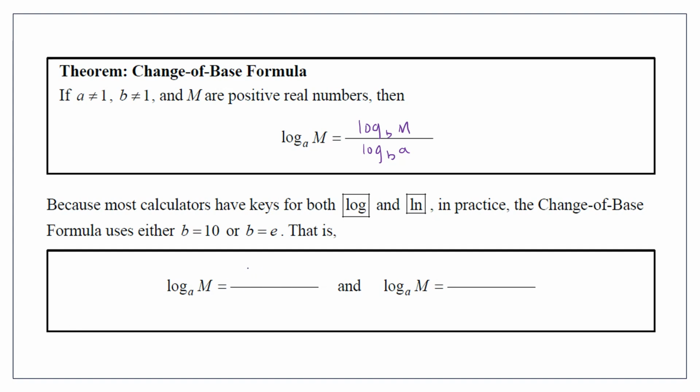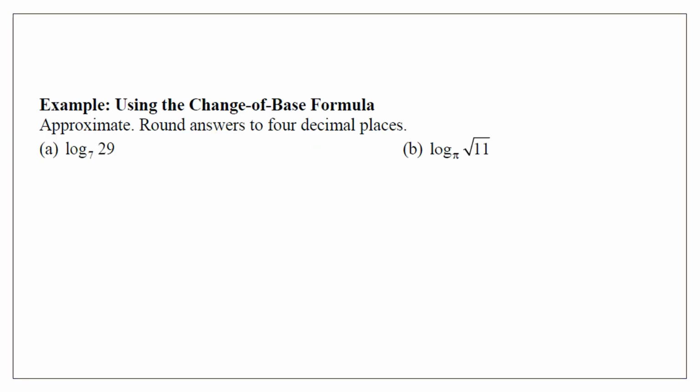So we can either have log m divided by log a, because the base here would be 10, or we can have the natural log of m divided by the natural log of a. Either one will get you close to your answer. I'm going to show you that here. We're asked to approximate and round the answers to 4 decimal places.